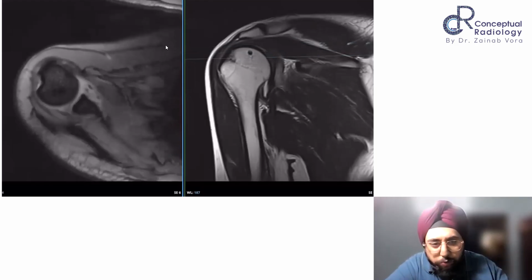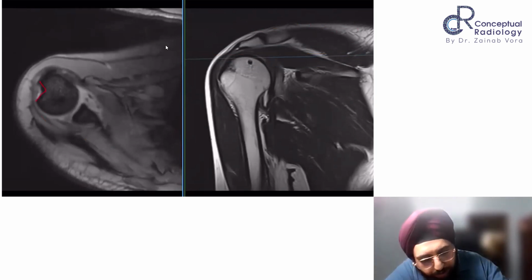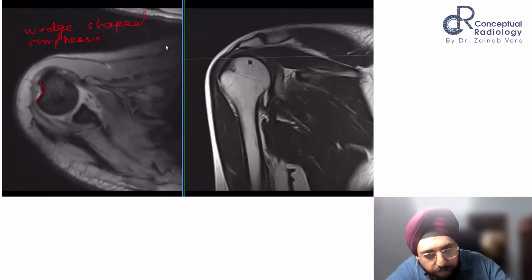in the first one or two sections only, you are able to see a more wedge-shaped compression defect. See the sections. If I take this distance, obviously this will be less than 20 mm.